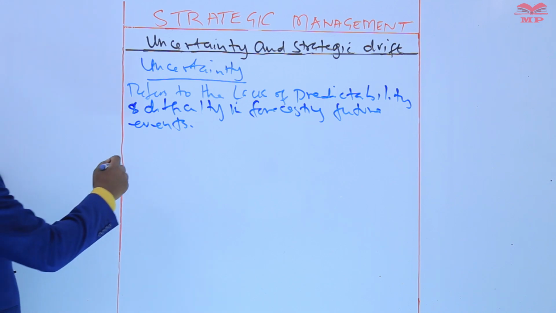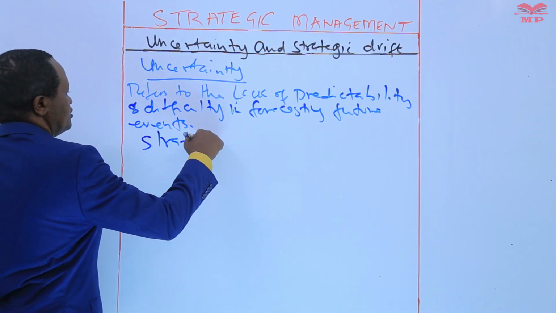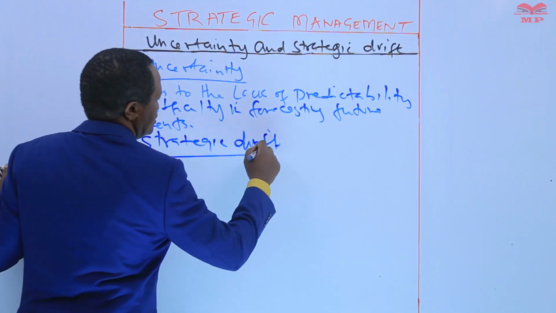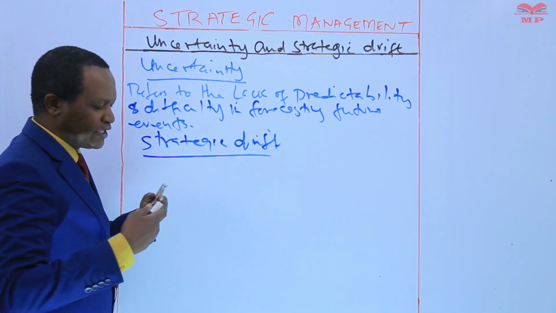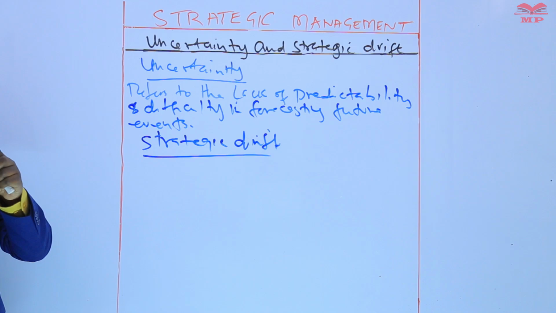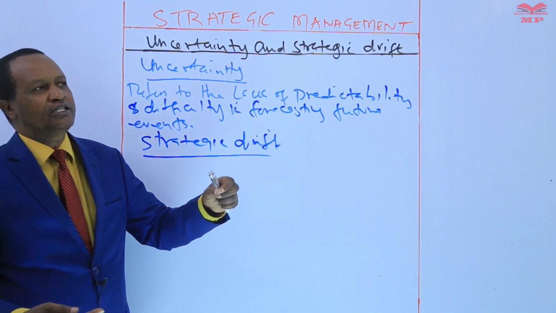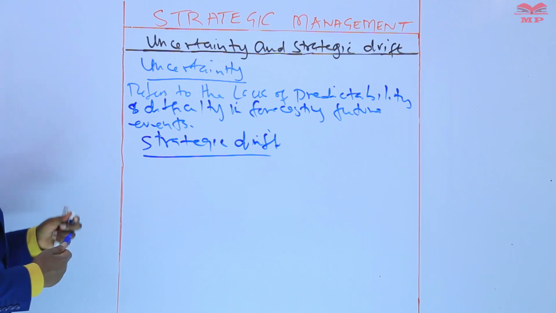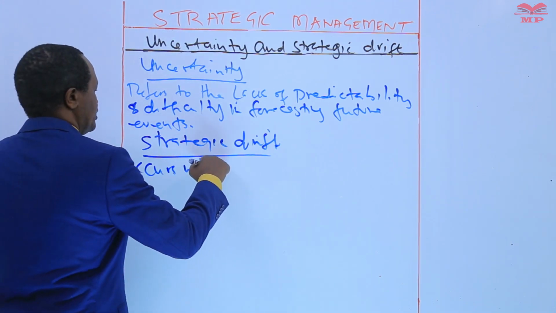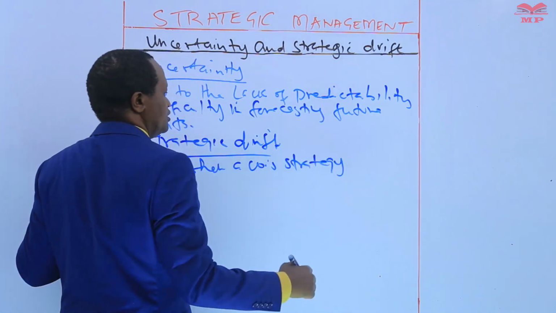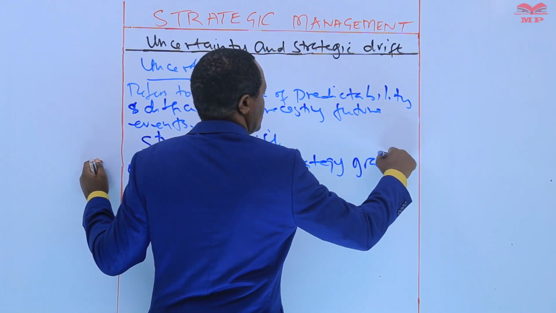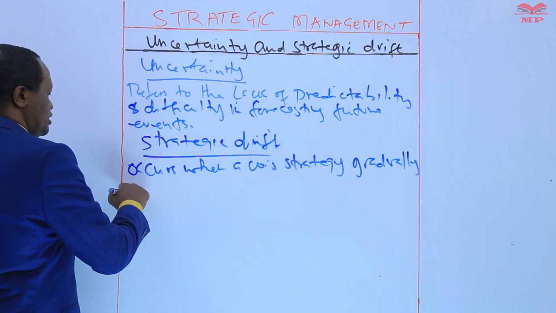Then what is strategic drift? Strategic drift, on the other hand, occurs when an organization's strategy gradually becomes misaligned with its external environment.